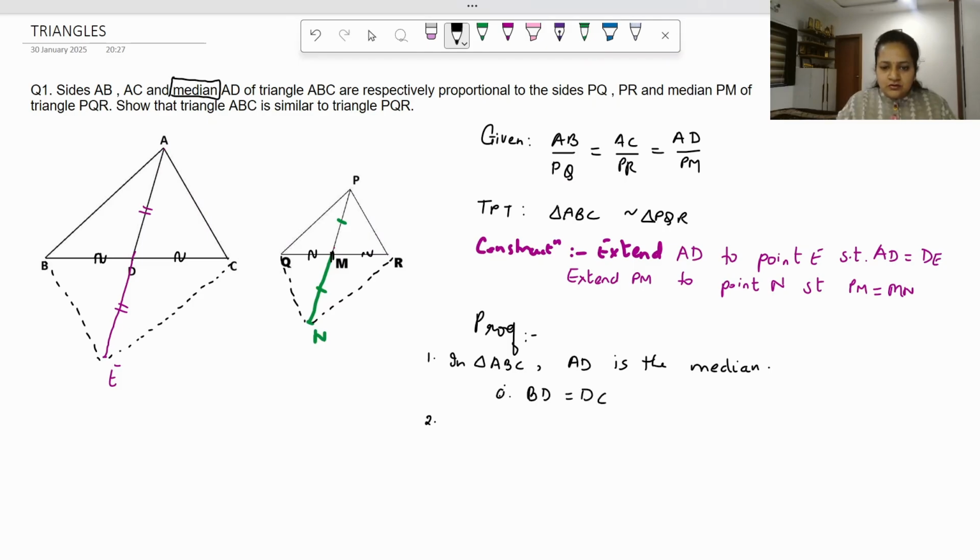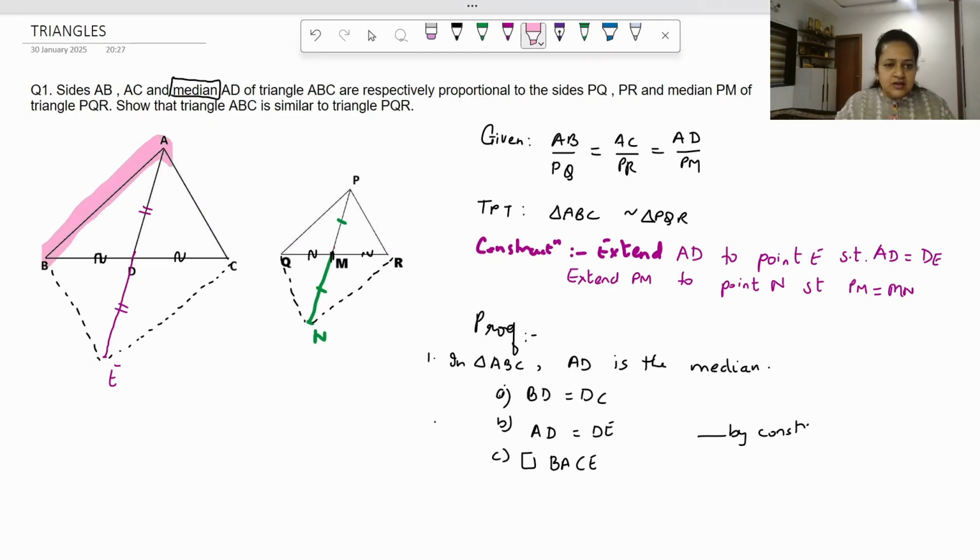Also, what do we know? By construction, what did we write? We wrote AD equals DE. This is by construction. Now, if I look for these two properties in the quadrilateral BACE, we are looking at which quadrilateral, children?